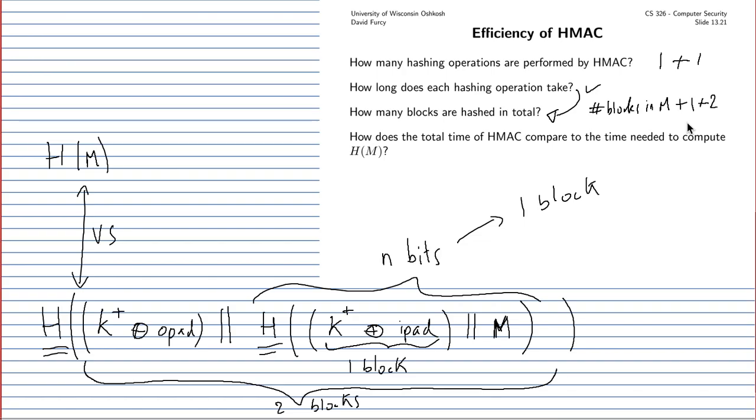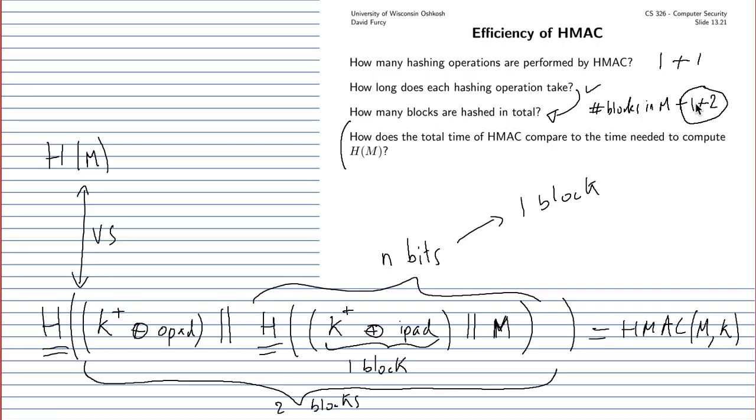So to conclude this analysis of the efficiency of HMAC, we have to ask ourselves, is this computation going to be a lot slower than this one? And the answer is no, especially if the message M has a good length, meaning a good number of blocks. The overhead of computing HMAC, which is this computation here, HMAC run on M and K, is only going to be about the time it takes to hash 3 extra blocks.